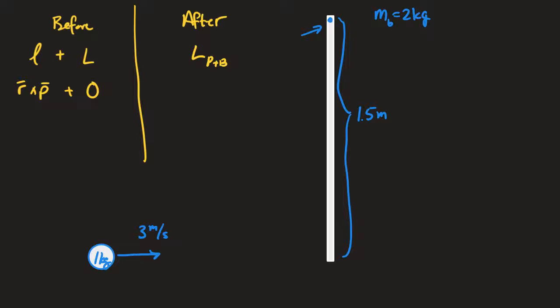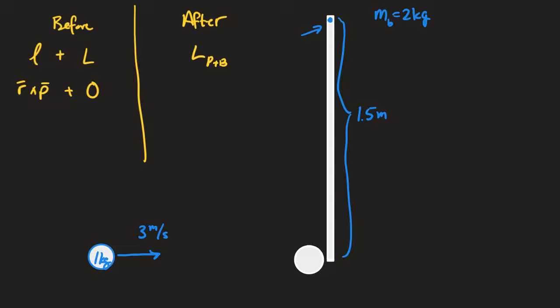Now again, we don't know where the glob of clay started, so we don't have that distance, we don't have that angle. We're not going to use either of those. We know that the angular momentum of that puck is the same, whether I deal with it being that far away or I deal with it right before it strikes.